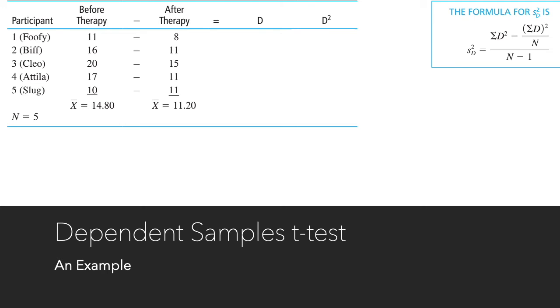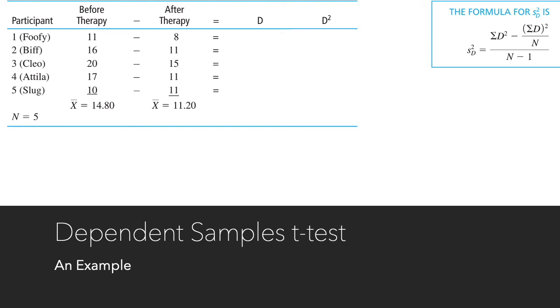So here's that again. We can see starting at our first formula, which is our last formula, depending on how you're thinking about this, the formula for the variance of the difference. We have the before therapy and the after therapy. I want you to notice that those lines look like dashes. They're subtraction. We're going to calculate the difference between the first and second measurement for each of them.